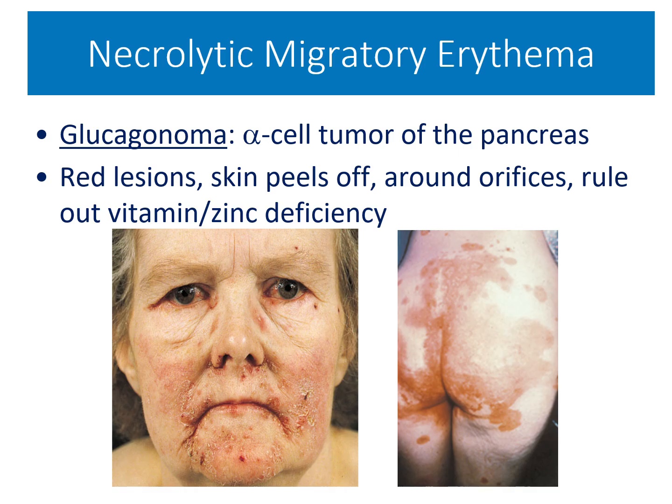Of course, in these patients we have to rule out a vitamin deficiency, specifically zinc deficiency, because zinc deficiency can present with exactly the same picture. But once this is ruled out, then you have to look for a glucagonoma.